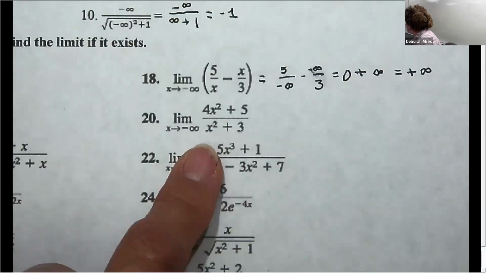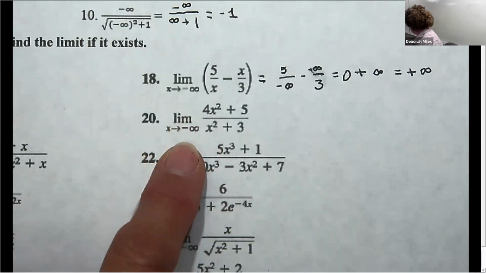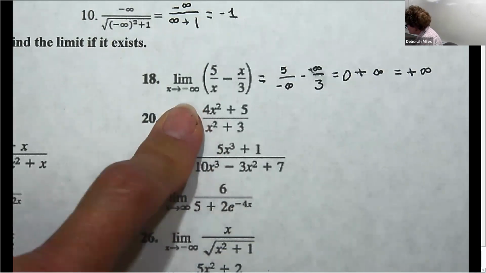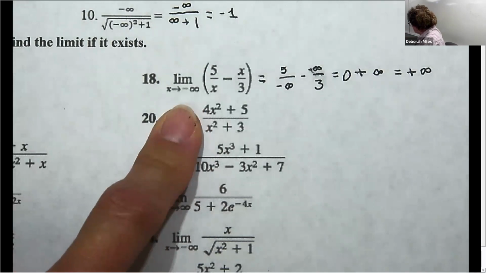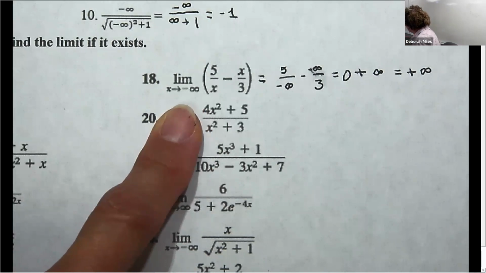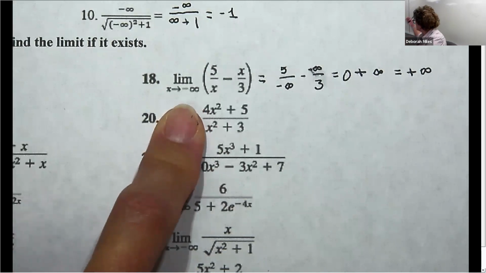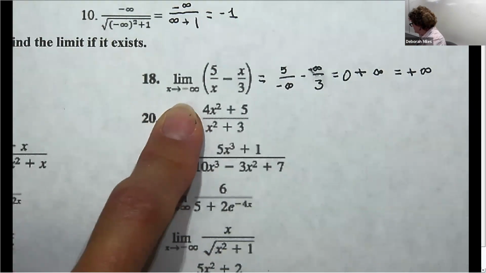Number 20 is the limit as x goes to negative infinity of a rational function. That fraction is the quotient of two polynomials, which makes it a rational function. You can think about your theorem on rational functions. If the degree of the numerator is the same as the degree of the denominator, then where's your horizontal asymptote?